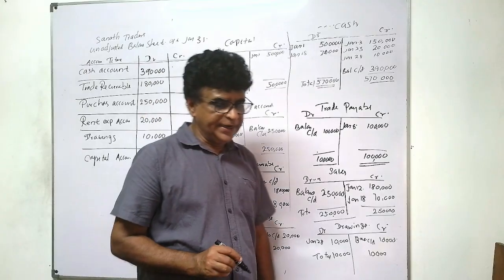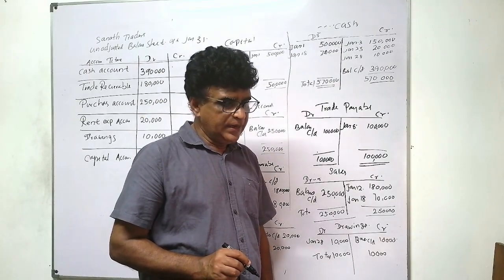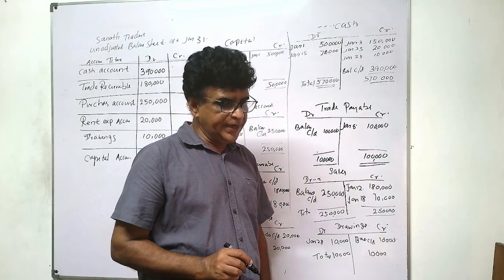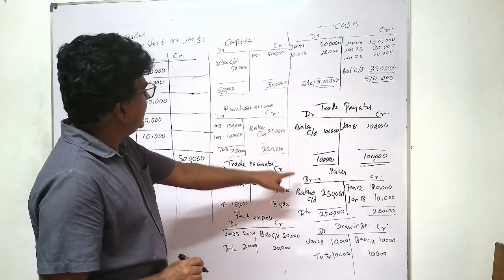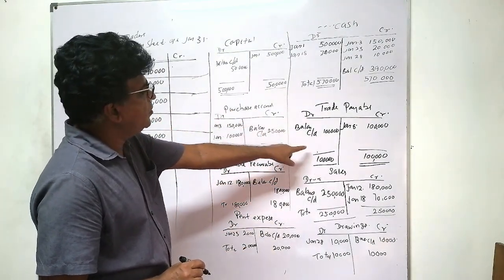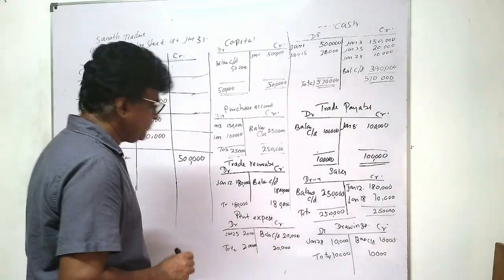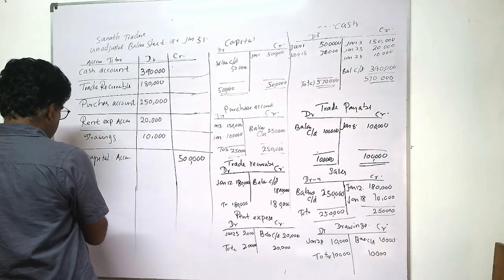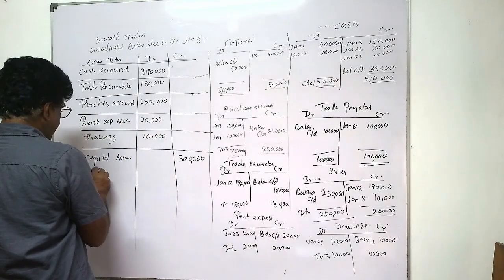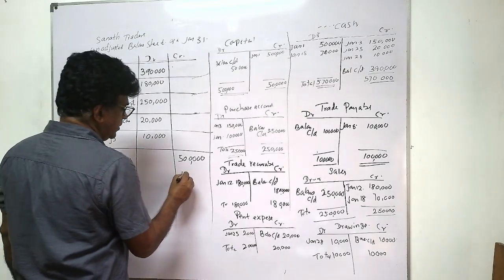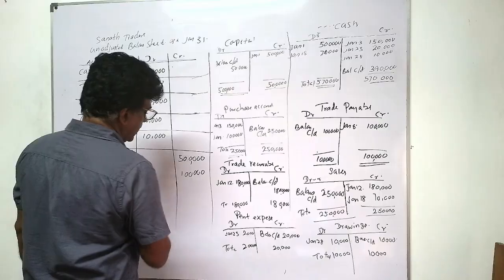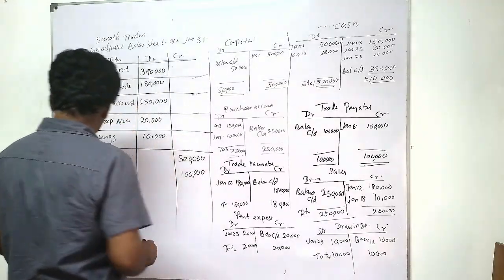In the trade payable account we have 100,000 credit balance.